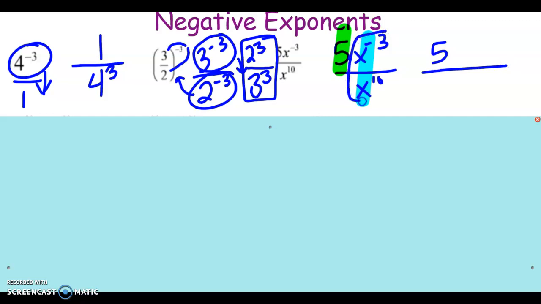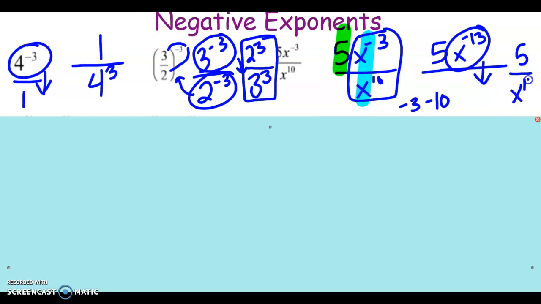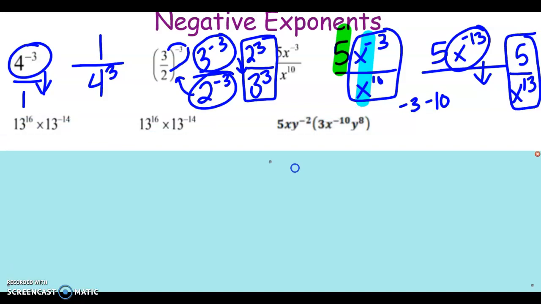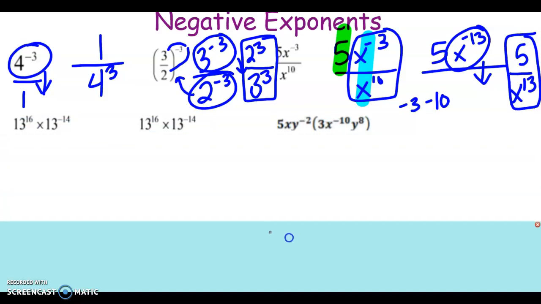If this is a division problem, I just take negative 3 minus 10. Well, that ends up giving me negative 13. Since I can't have a negative exponent, I move it down, and I end up with 5 over x to the 13th power. This, again, should all be review from last year for you.